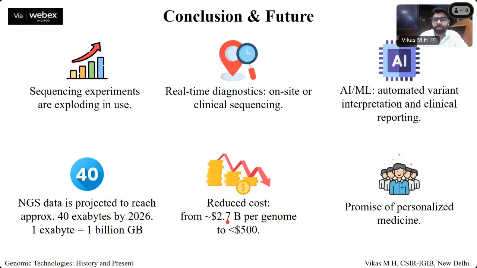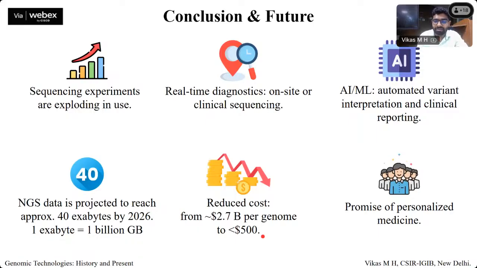And the cost reduction in sequencing has gone down drastically, and it will keep going down. The first ever human genome that was sequenced, the whole process lasted 13 years and cost around 2.7 billion US dollars. But today, in the present time, we can sequence a genome for under $500.